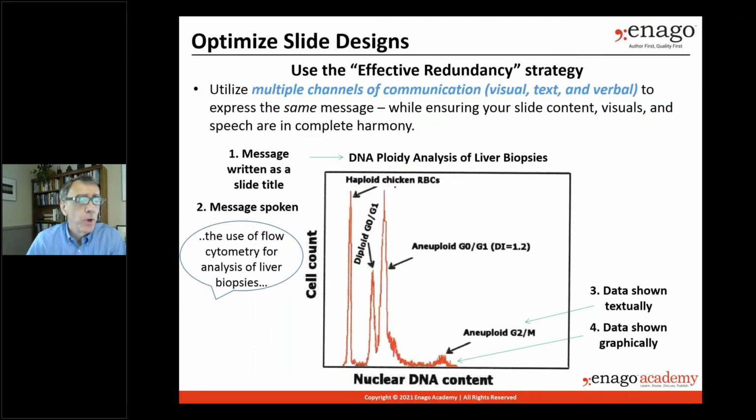And then you also want to show the data textually, right? And label your figures appropriately. And then, of course, the data is shown graphically. So you have people reading it, they're hearing what you're saying, they're seeing the chart. There are multiple sensory inputs for you to convey your message. So that's redundancy.